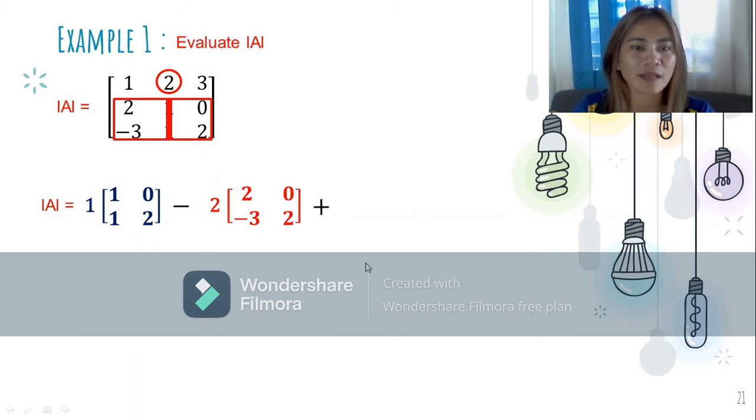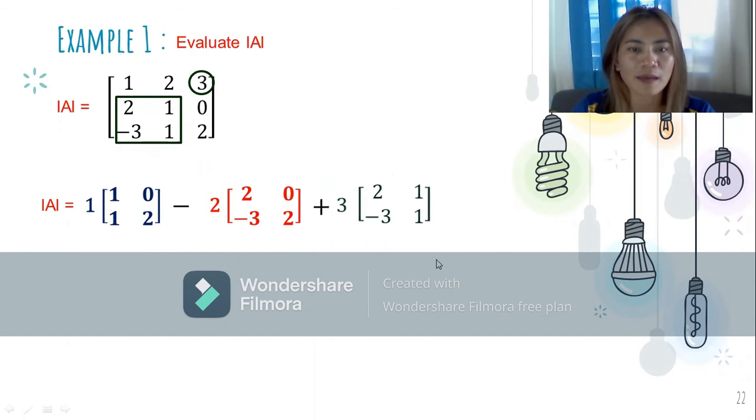Then another plus 3, take 3, times the determinant of this matrix. So now we have the determinant of the matrix A.